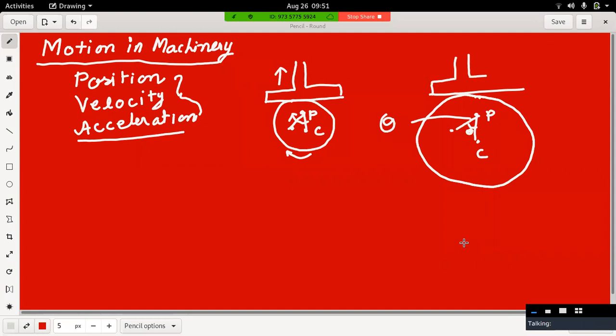So this is, let's say, the initial position, and as soon as the cam turns through an angle theta, then the cam, let's say cam is here, and now the follower has been moved to upside.